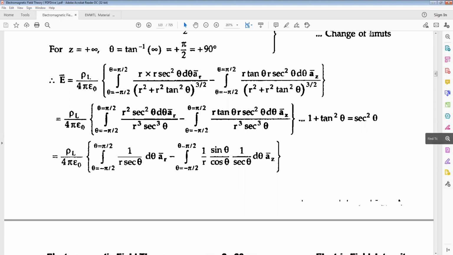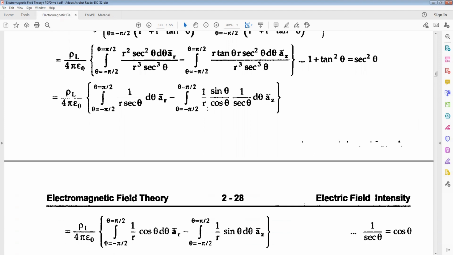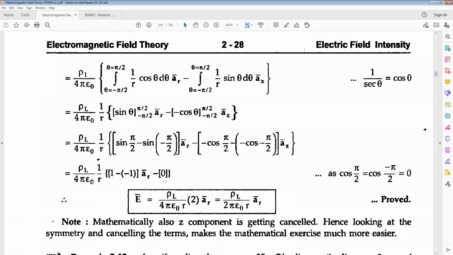Cos pi by 2 is 0. So the second term becomes 0. Even if you keep that z component and continue the process mathematically, the second term becomes 0. The first term is 1 minus minus 1, which is 2. So E bar is rho L by 2 pi epsilon naught r into a_r.